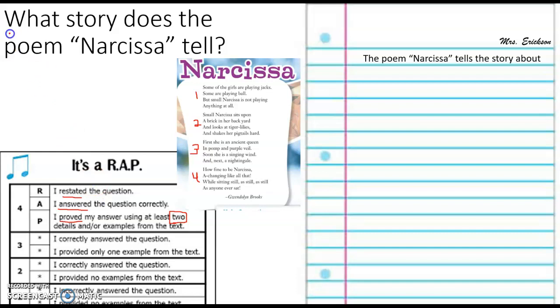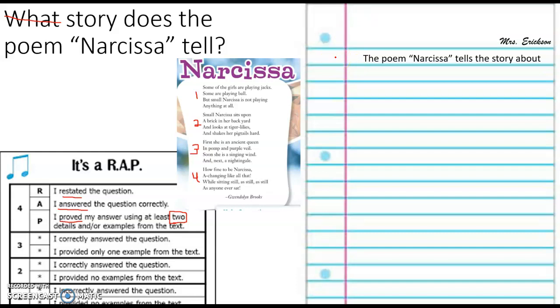So I know that if I take out the question words, they'll help me restate. So, story does this poem Narcissa tell. So I could turn that into, the poem Narcissa tells the story about. So I've restated the question.